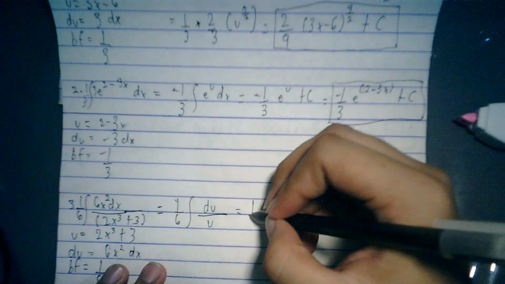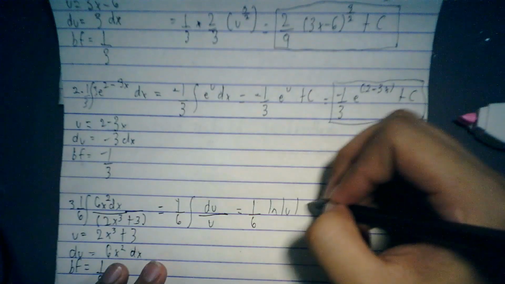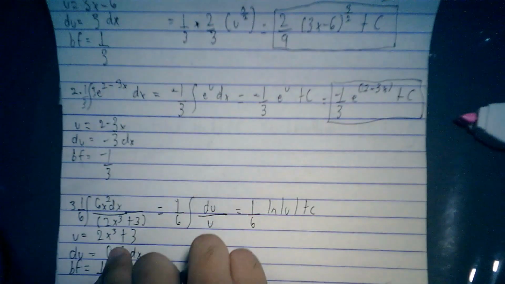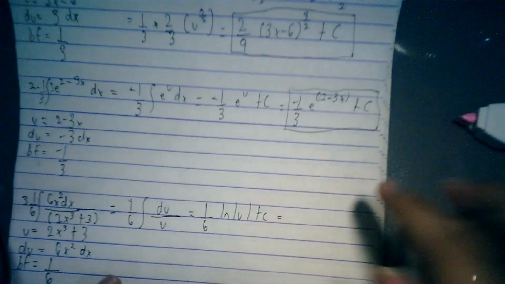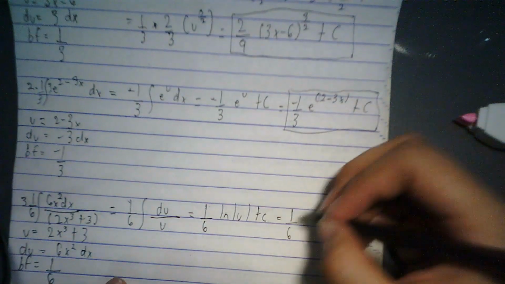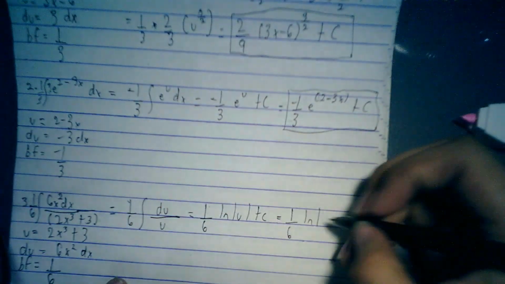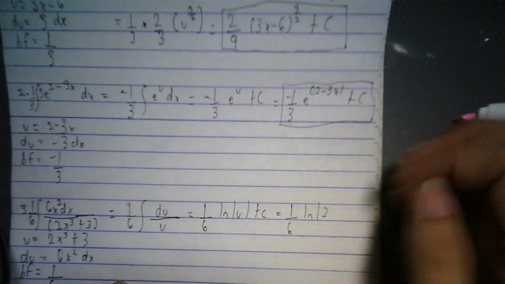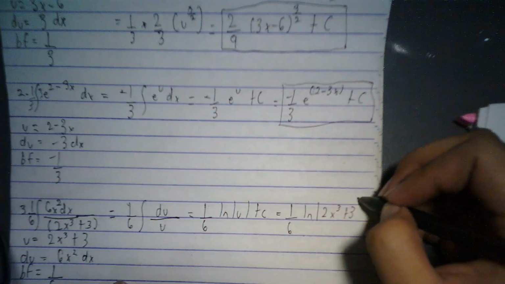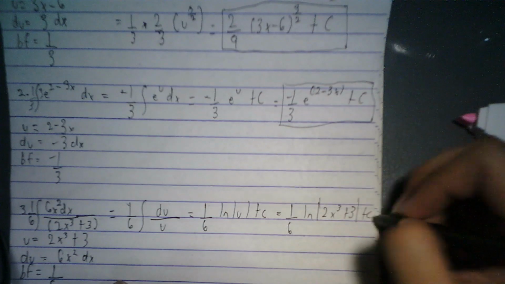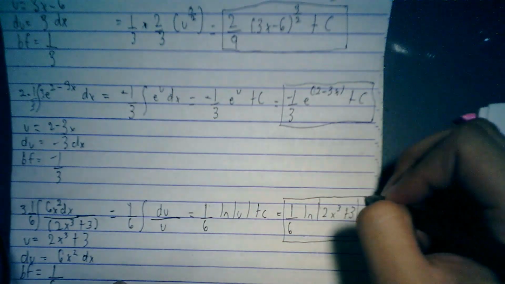So 1/6 ln of u plus c. We substitute u back to its original equation. So 1 over 6 ln of 2x cubed plus 3 plus c. So this is our final answer.